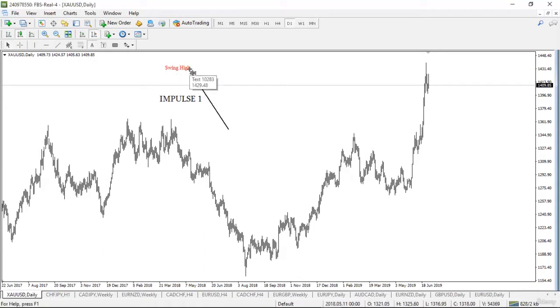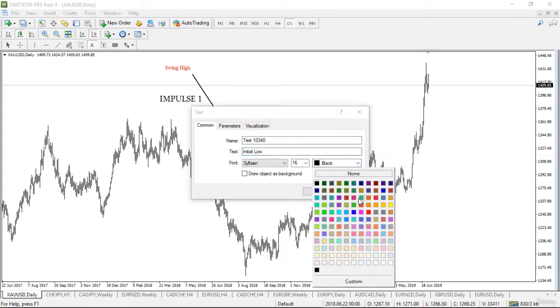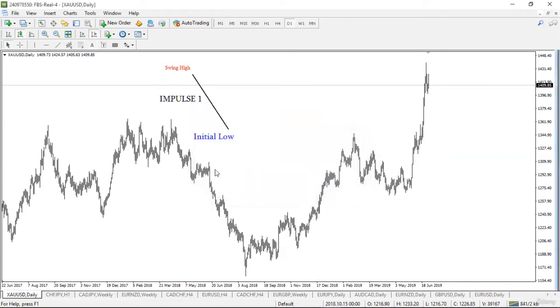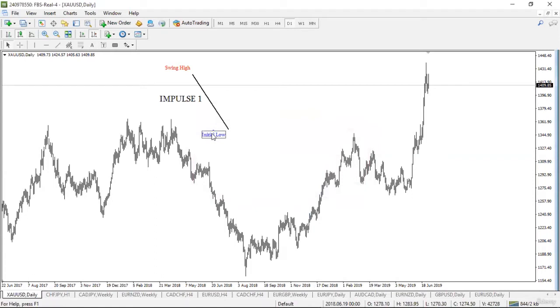Then from this swing high, you'll get your first low, which you can say is your initial low. It's the lowest price. Okay, this is your initial low.